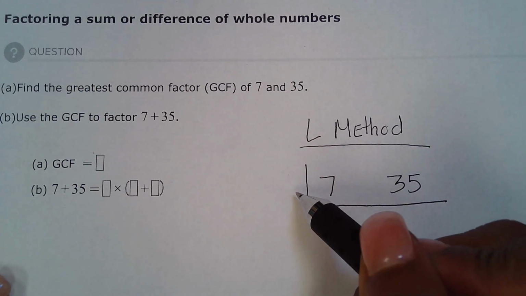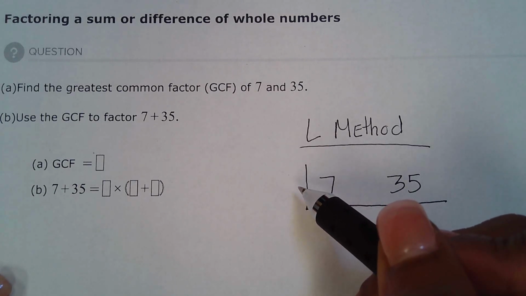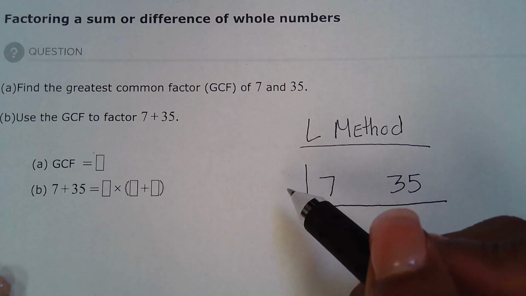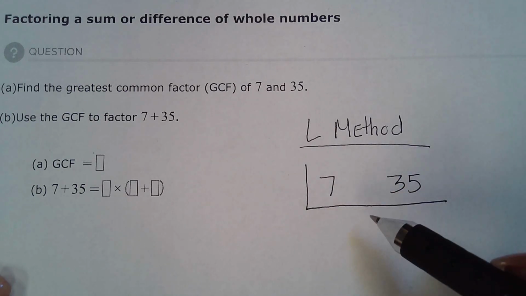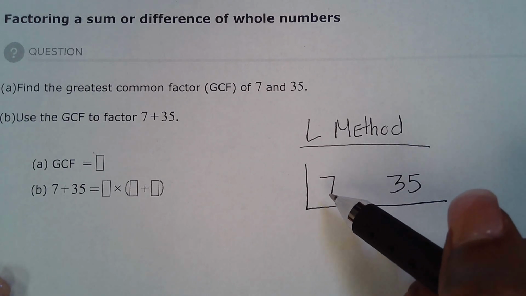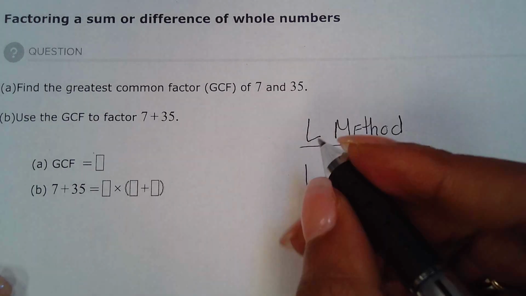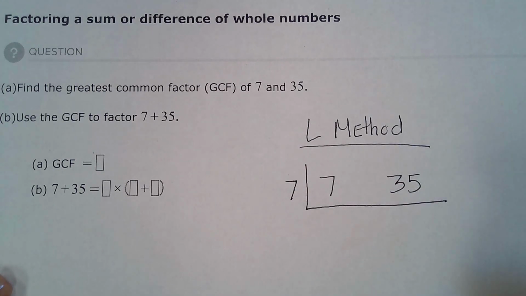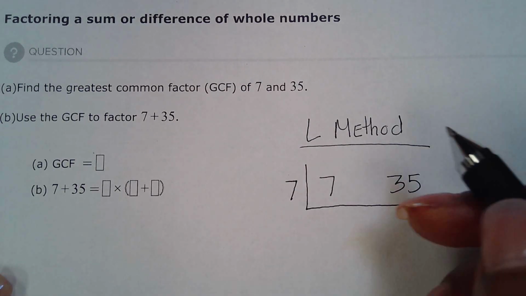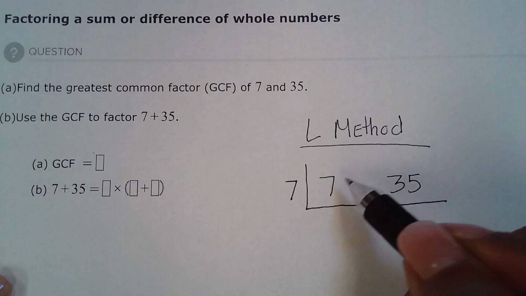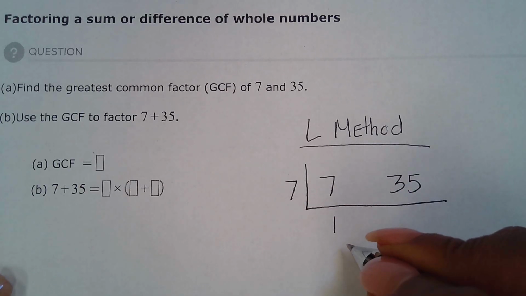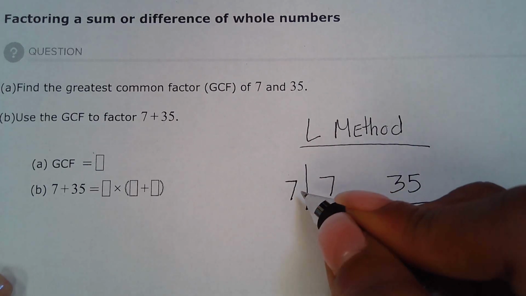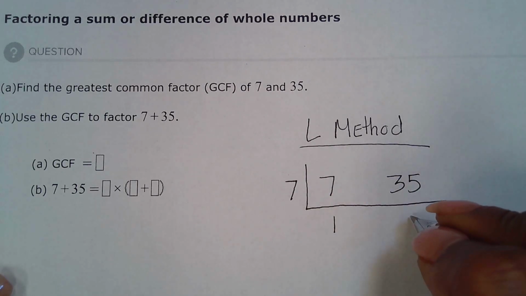On the outside of our L-shaped figure, because it's not quite an L, is the number that you're going to divide into both of these numbers. Obviously, you have to pick a number that goes into both of them evenly, so I already know that it's 7. So 7 divided by 7 is 1, and 35 divided by 7 is 5.